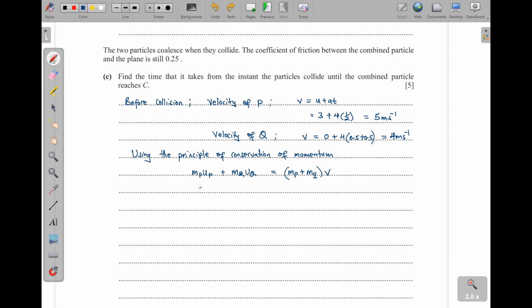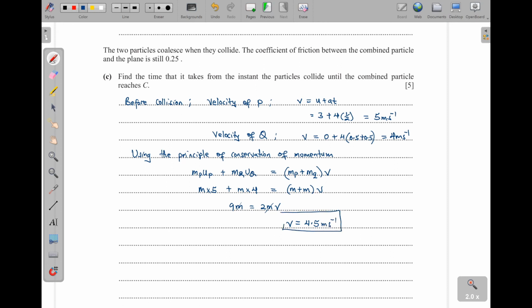So we have M times 5, plus for Q, it is also M times 4. Then here we shall have M plus M. Remember the masses were M. So this one is 5 plus 4. That is 9M, which is equal to 2M, then V. Of course, M will disappear, and then V becomes 9 over 2, which is 4.5 meters per second.